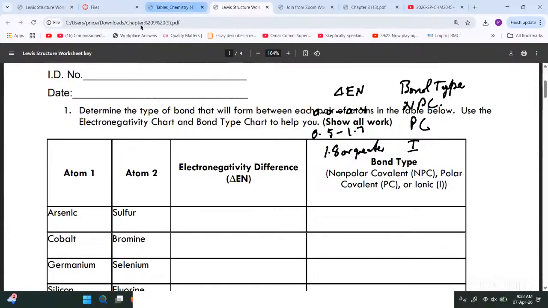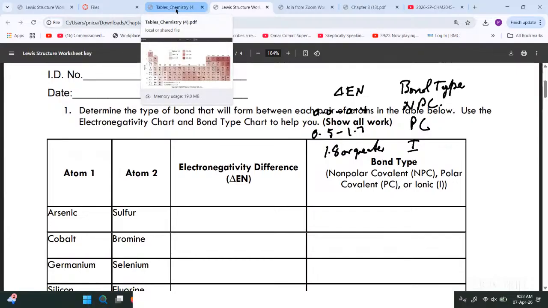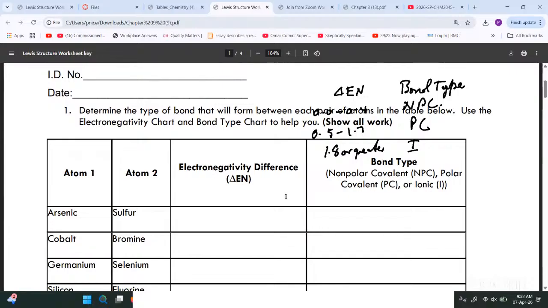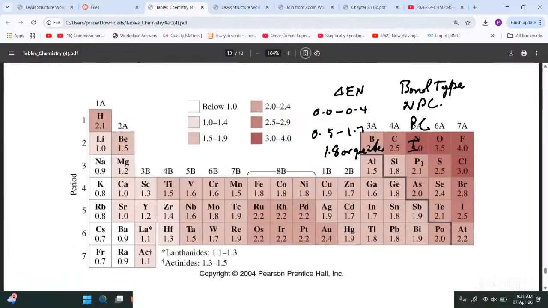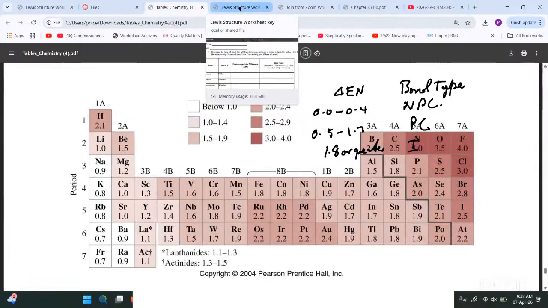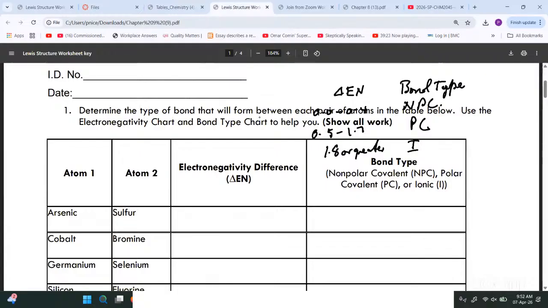Now, I'm going to need your help, because to avoid switching between this document and the tables, I need you to tell me the electronegativity values for each of these elements, starting with sulfur. Sorry, not sulfur, arsenic. Can somebody tell me the value for arsenic?